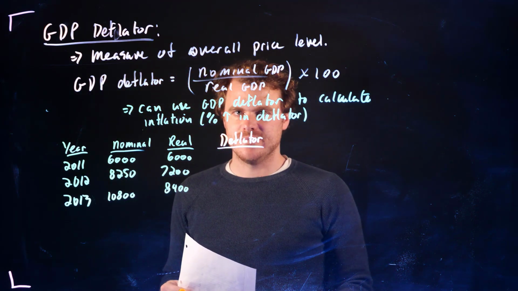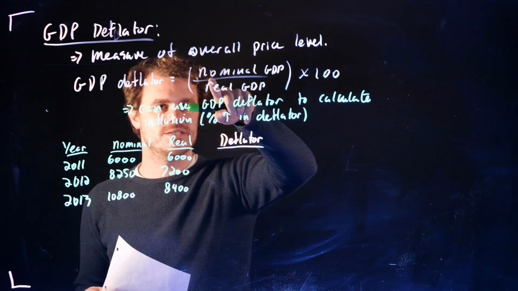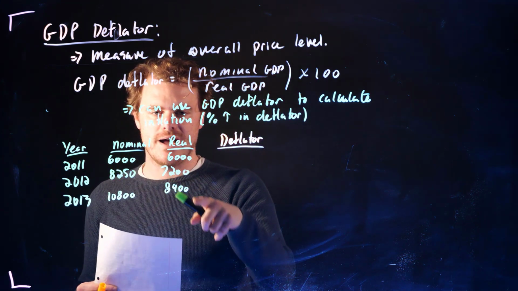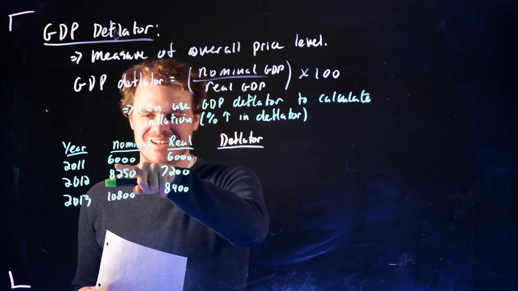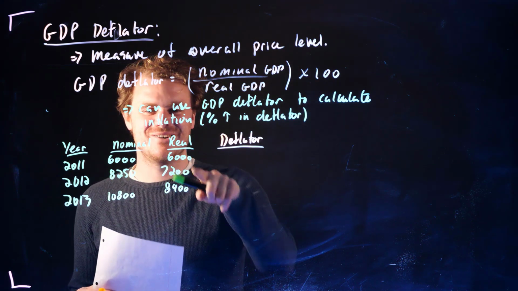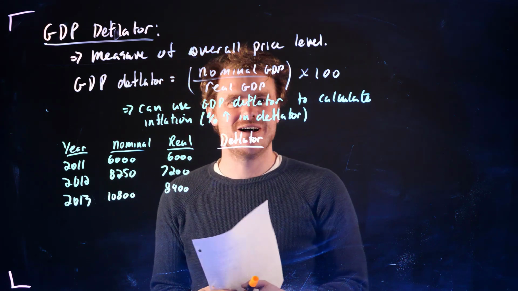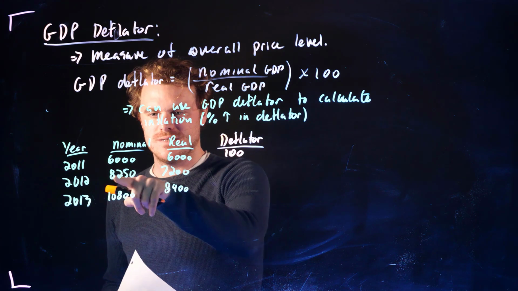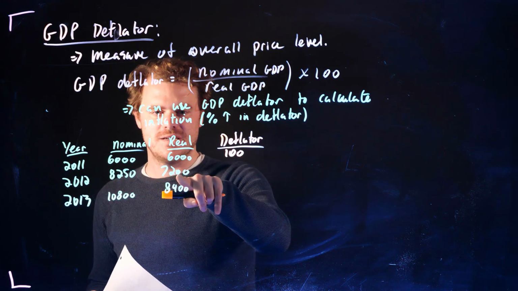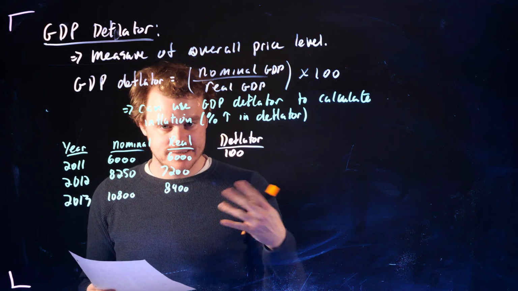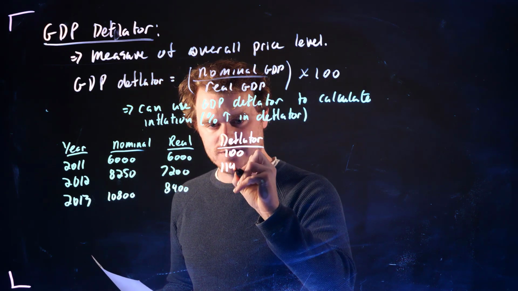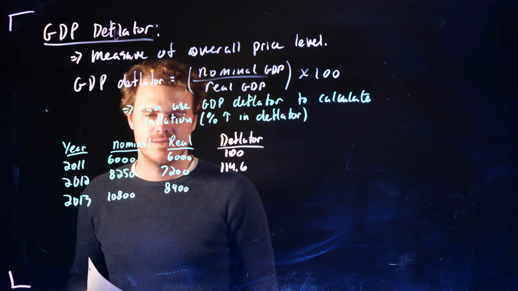So to calculate the deflator, we're just doing nominal over real times 100. 6,000 over 6,000 is 1, times 100 is 100. 8,250 over 7,200 times 100 is going to be 114.6.